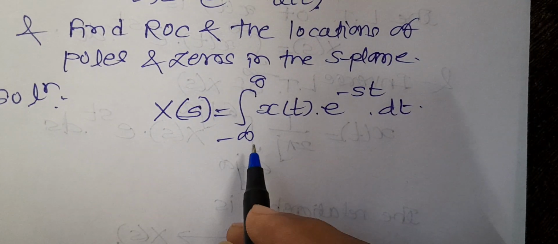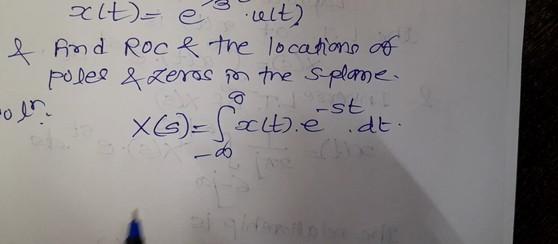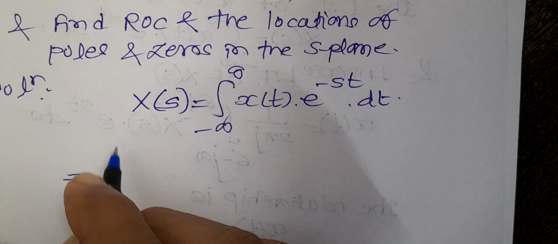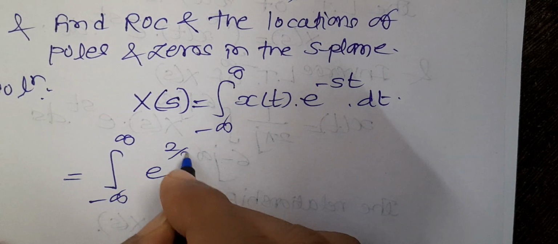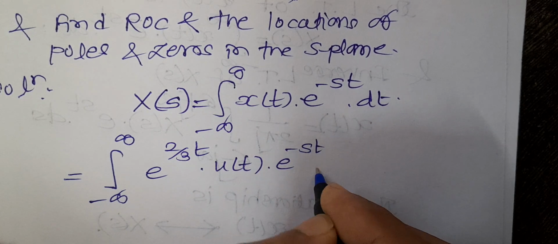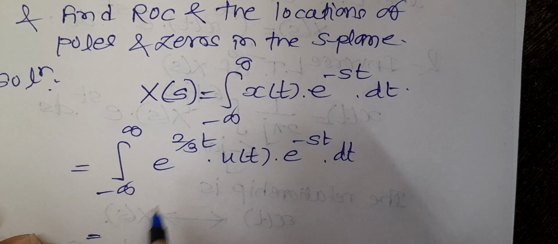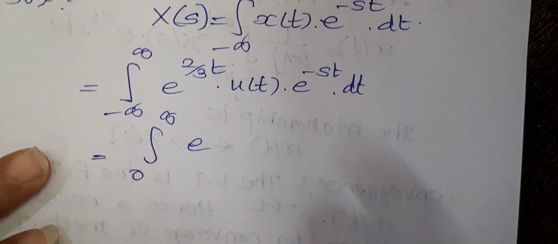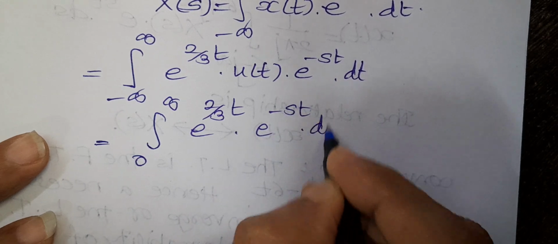Now x of t is given: x of t is e raised to power 2 by 3 t into u of t. This is a unilateral function, and therefore we change the limit from 0 to infinity. u of t is 1, and therefore we have e raised to power 2 by 3 t into e raised to power minus st dt.